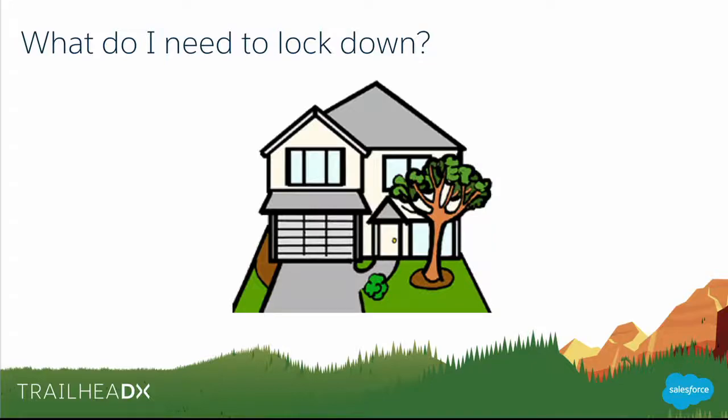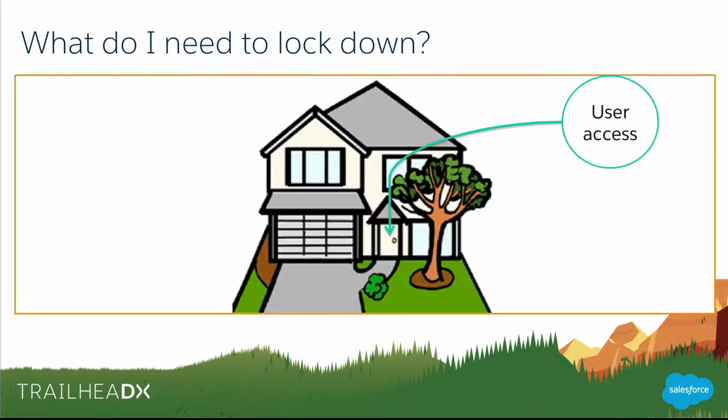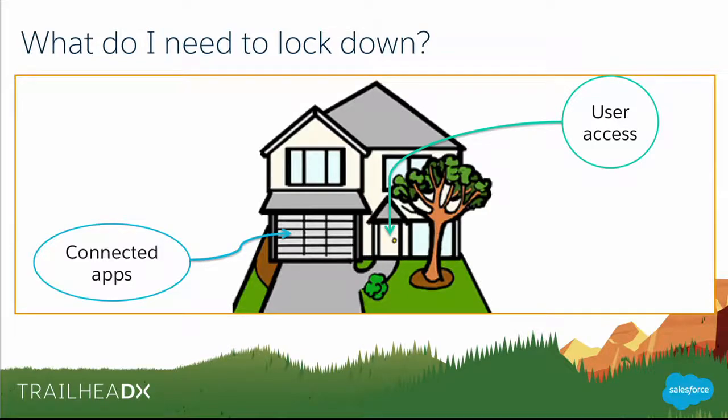So similarly, in the Salesforce org, there are a few things we need to take care of. So first of all is user access, right? We need to make sure only users who are supposed to have access to the org have access to it, or users who do have access to the org only have access to data they need to have access to, and not all the data in the org. So that's a basic step we need to take care of. Another thing is connected apps.